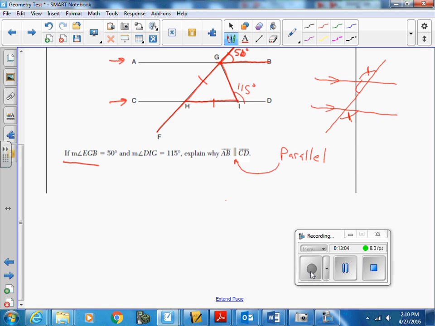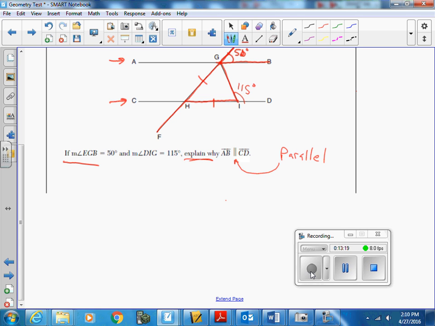Or if you can show that the alternate interior angles are congruent, that means you have parallel lines. So there are a number of different ways we can go. So let's just get all the information we can and make sure and explain.